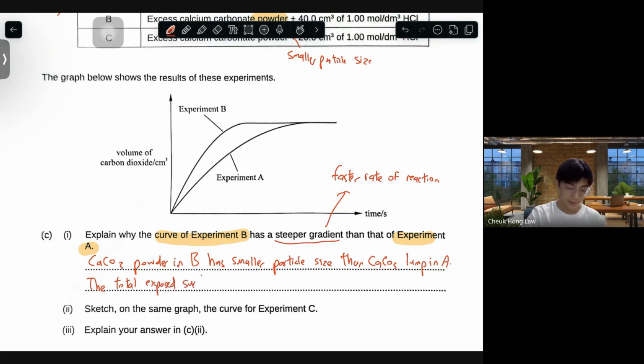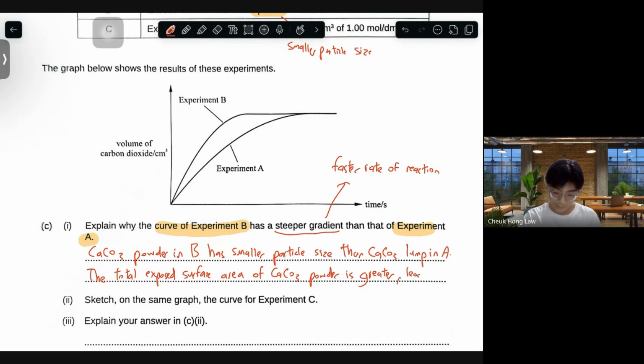So the total exposed surface area of CaCO3 powder is greater, leading to a faster rate of reaction, hence a steeper gradient. Keywords here: smaller particle size, total surface area is greater, therefore faster rate of reaction.